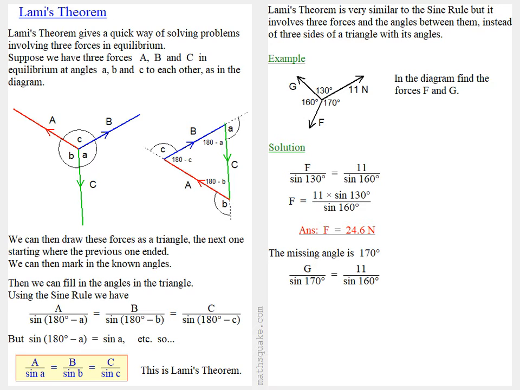If we multiply both sides by the sine of 170, we get G as 11 times sine 170 over sine 160, which works out to be G is equal to 5.58 newtons. This method is much quicker than resolving forces or even having to draw out the triangle of forces, but it only works if we have exactly three forces.